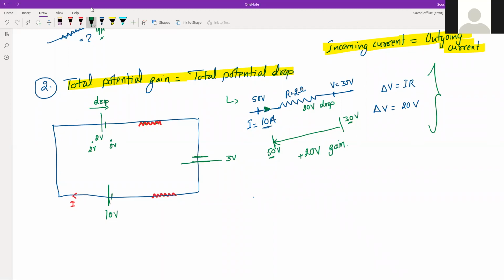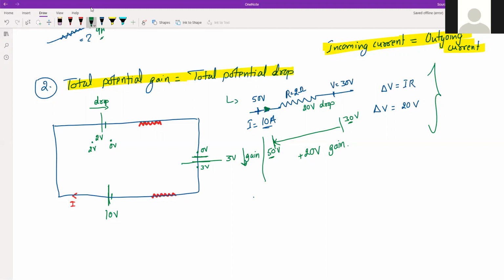And if there is a 3 volt potential here, then here there will be 0 volt potential, right? So these things we have to take care of. That means if I am moving from here to here, there is a rise in potential, a gain in potential here. So this we have to understand.